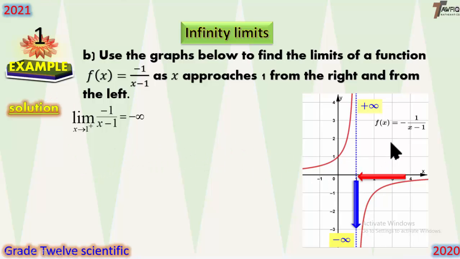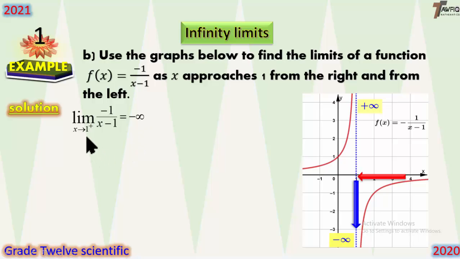If the example gives the graph of the function, we can read it. But if it only gives the equation of the function, how do we know whether it goes to positive infinity or negative infinity? We have two ways to know that. One of them: we can say this is positive, times this negative, times this positive, so it is negative infinity.